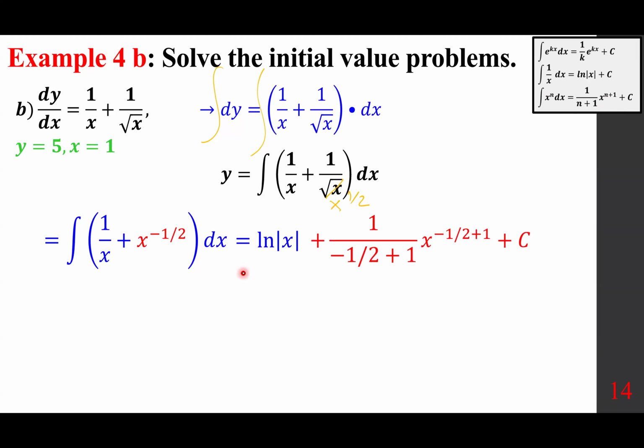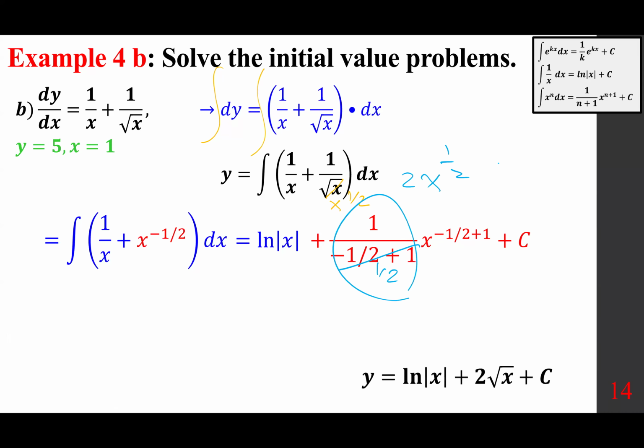We are going to simplify. I hope you see that negative 1/2 plus 1 is 1/2. 1 over that is 2, so 2 x to the power of 1/2. So we have y equals ln of absolute value of x plus 2 square root of x plus a constant.